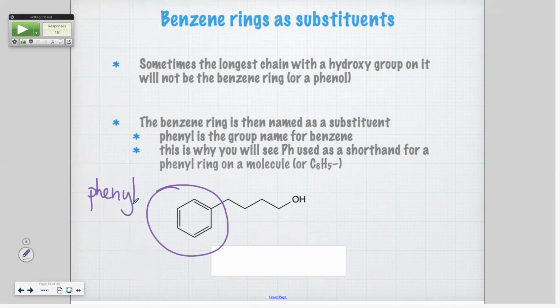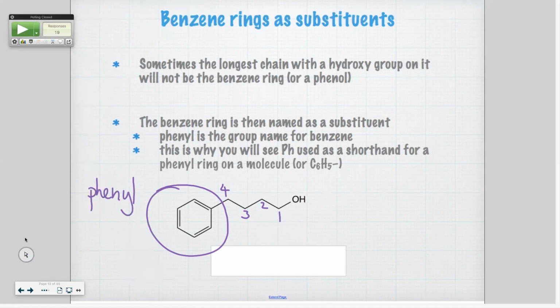So how would you name that compound? Where are we going to start counting? Where the OH is, right? So this is going to be 1, 2, 3, 4. So it's going to be 4-phenyl. Then what? 1-butanol.